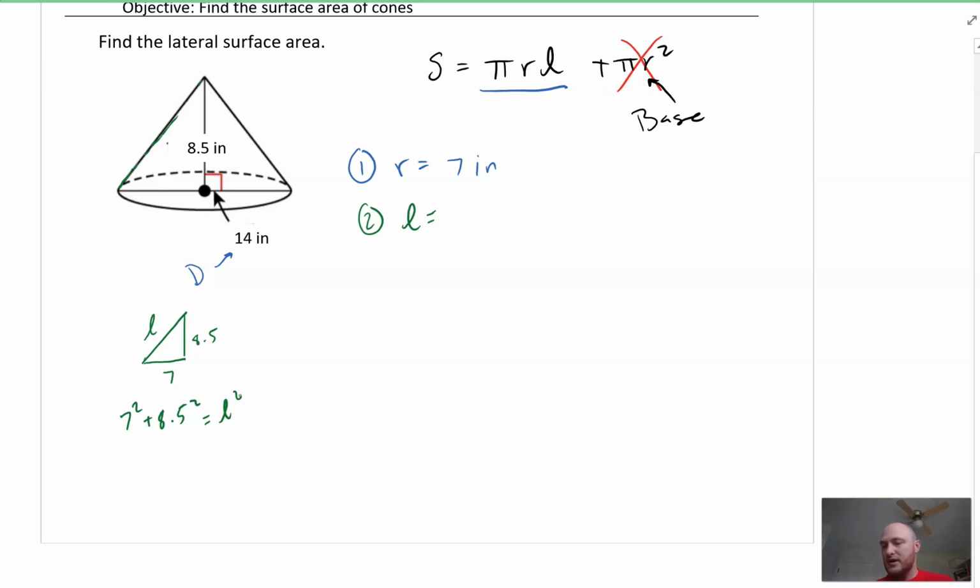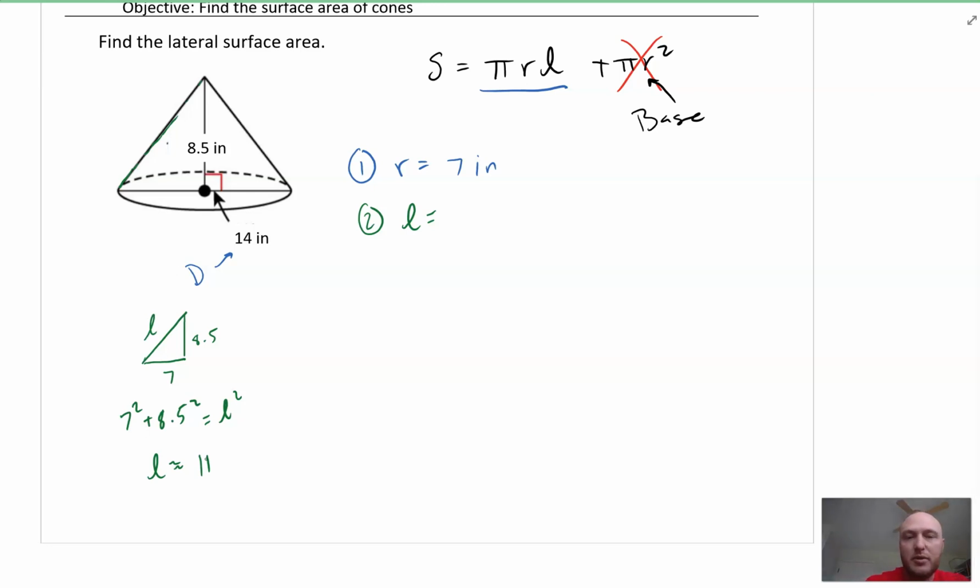I'll go ahead and calculate that. 7 squared plus 8.5 squared. And this gives us L is approximately 11.011.